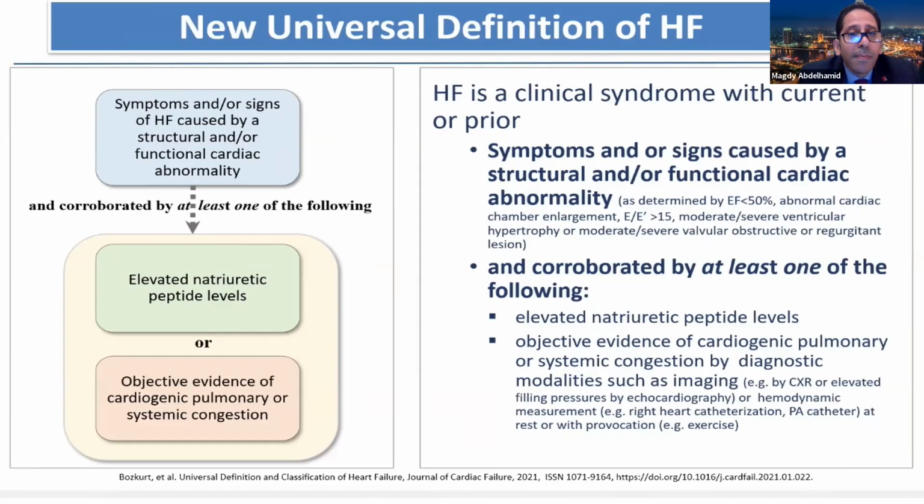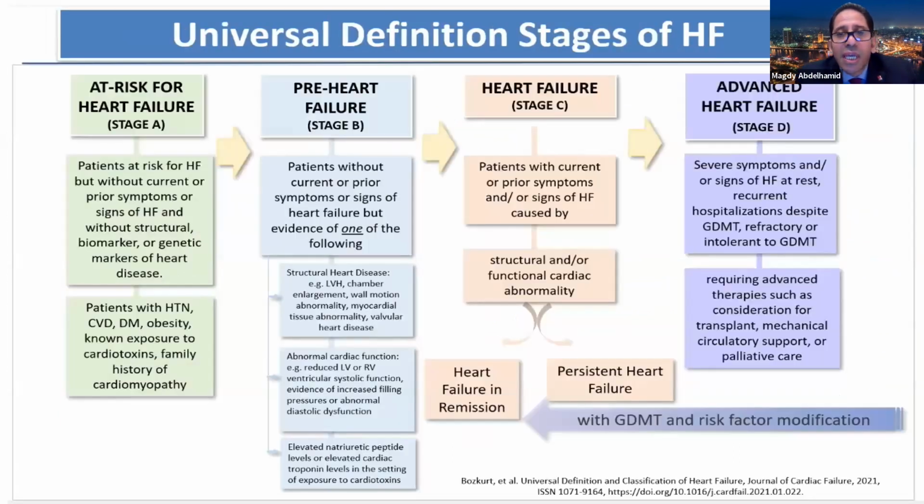So the universal definition classified heart failure into 4 stages. Patients who are at risk for heart failure, stage A, have no symptoms or signs of heart failure, current or previous, and no structural, biomarker, or genetic markers for heart disease.